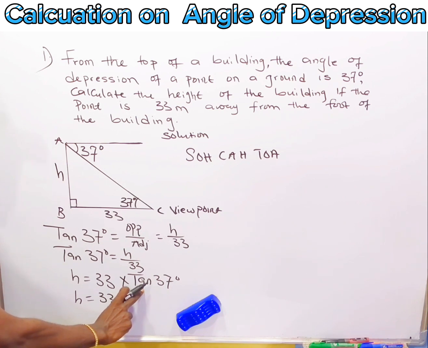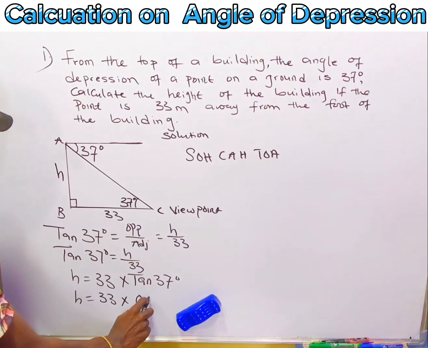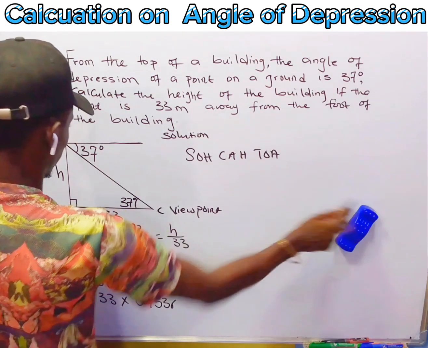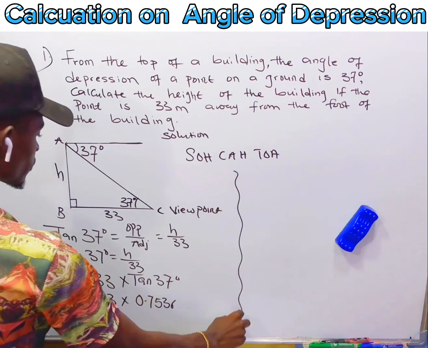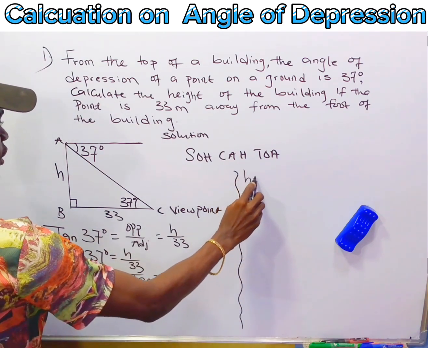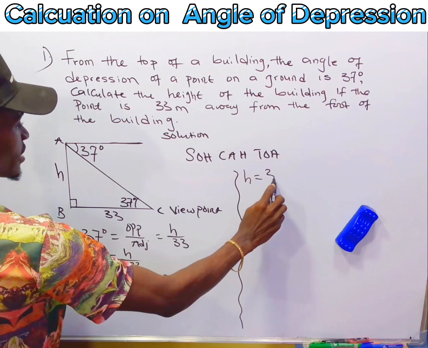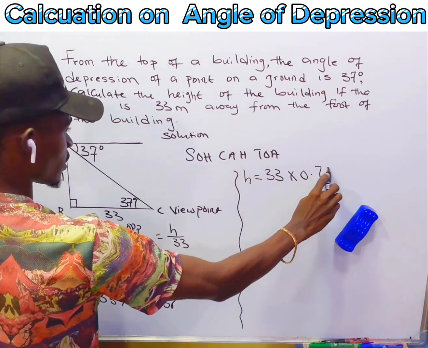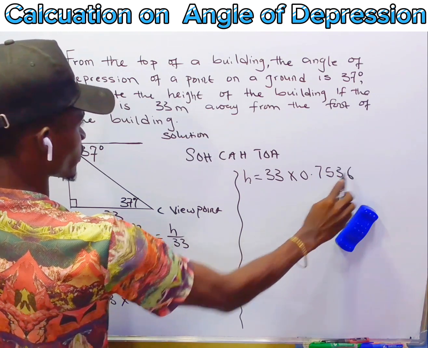Tan 37 degrees is 0.7536. Therefore, H will now be 33 meters times 0.7536.